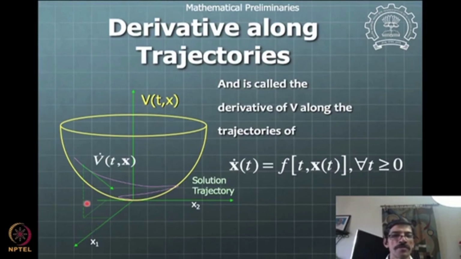So if you map this point on the plane, you'll get some directions for the derivative. I can ask, what is the derivative of this function along some direction in the x1 x2 space.